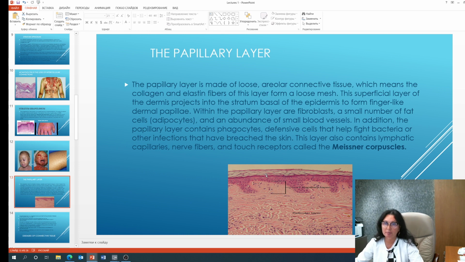In addition, the papillary layer contains phagocytes, defensive cells that help fight bacteria or other infections that have breached the skin. This layer also contains lymphatic capillaries, nerve fibers, and touch receptors called Meissner corpuscles.